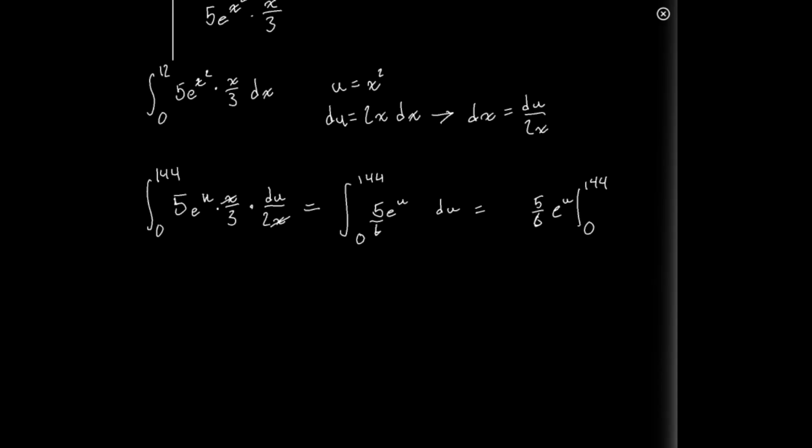Then we plug in, and we get 5 over 6 times e to the 144 minus 5 over 6 times e to the 0, which simplifies to 5 over 6 times e to the 144 minus 1.